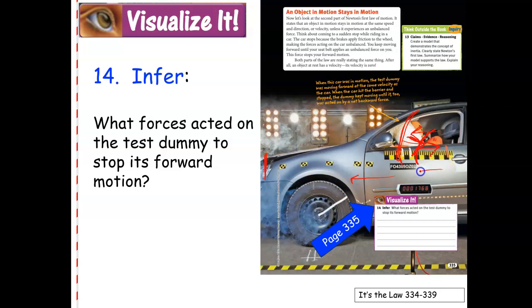The dummy is going to keep moving, even though the car has hit the wall, and we want to oppose that movement. The seatbelt and the airbag oppose that forward motion.